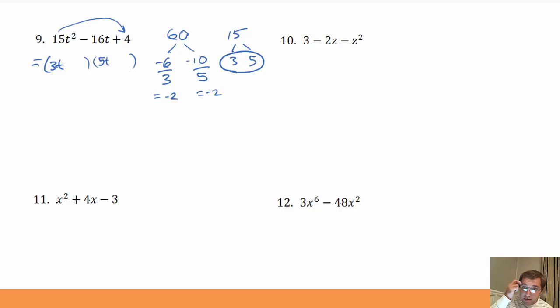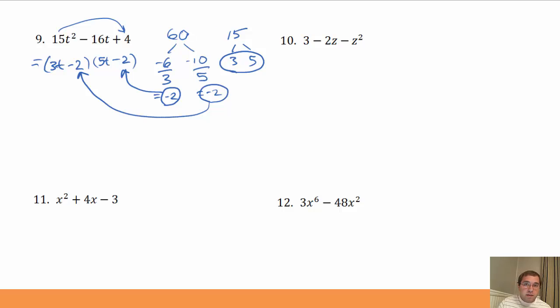They happen to be the same here, but here's what I would do if they were not the same. The number I would get when I divided by 3, which is this -2, needs to go completely opposite the 3, so all the way on the far end. The number I got when I divided by 5, which is this -2, goes opposite the 5, so it's going to go in this other set of parentheses.